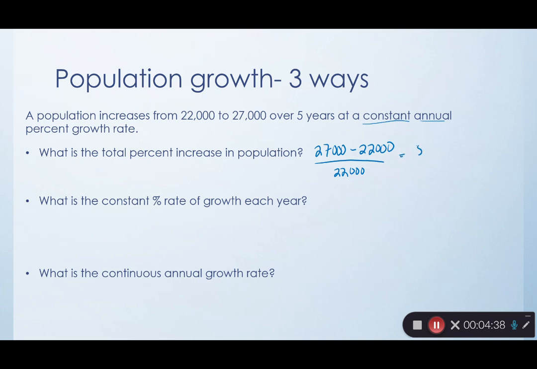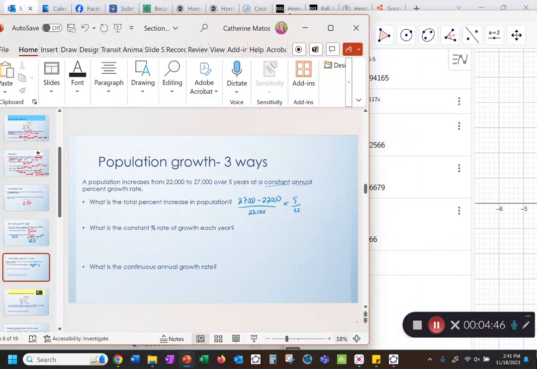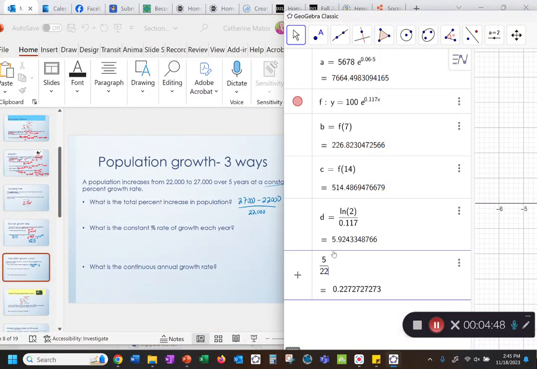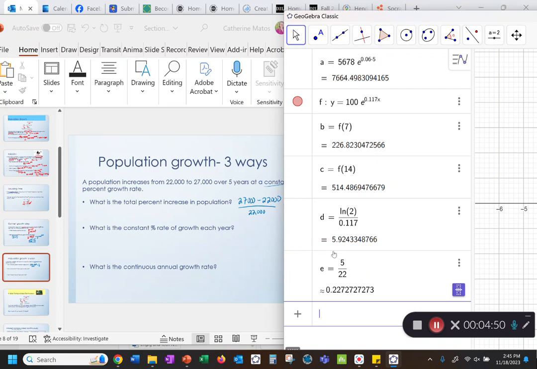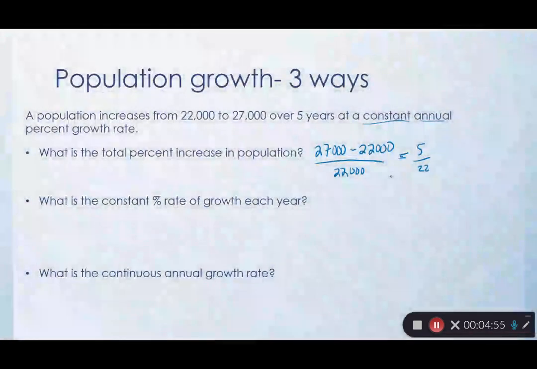So this is 5,000 over 22,000, and we've got to go put that in a calculator to see what that is. 5 over 22, so it's 22.73% total.